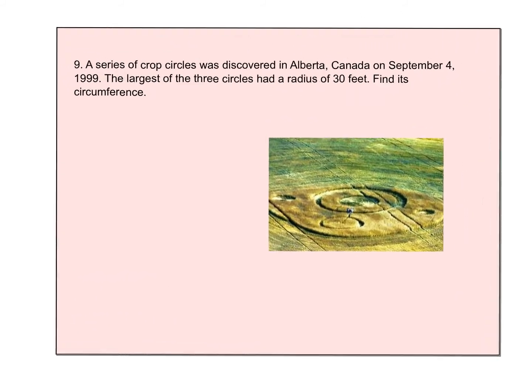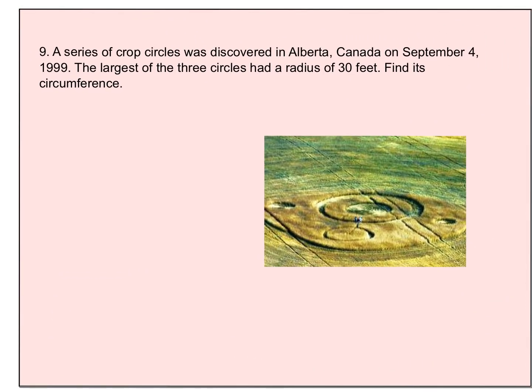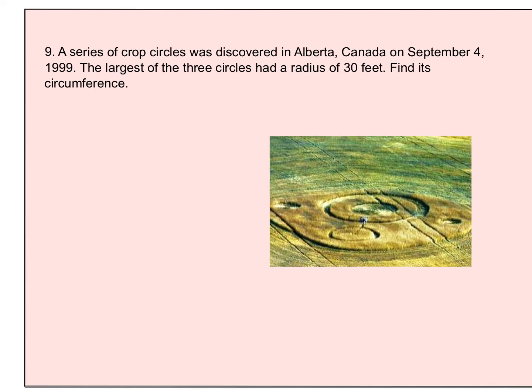All right, crop circles have been discovered in Canada. The largest of the three circles had a radius of 30 feet. Figure out the circumference. So remember, I need to double the radius times pi. That's going to be 60 pi, in feet.